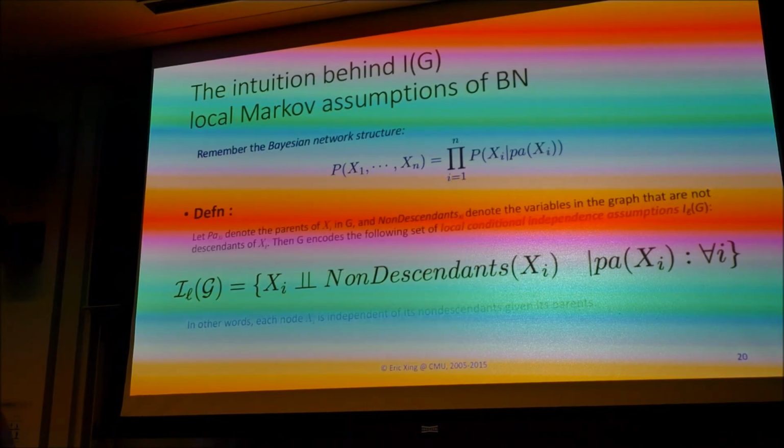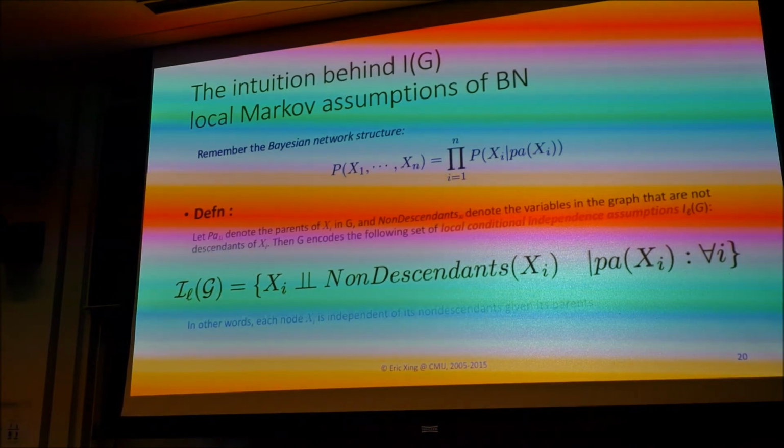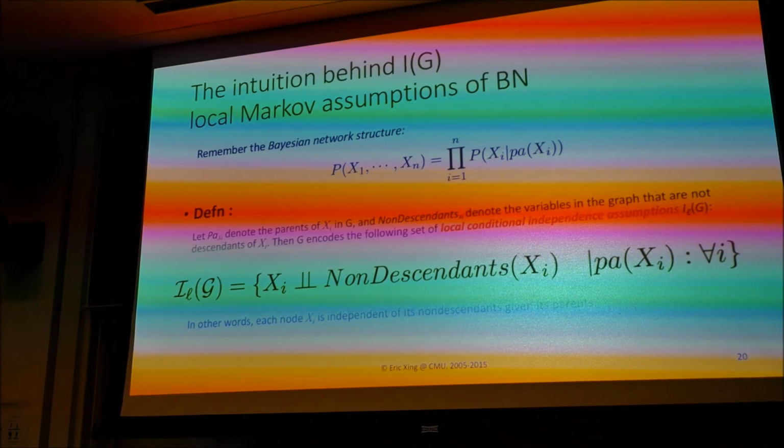Okay. So now, the intuition behind the independence set is that for a given factorization, this is hard to understand. Because this set of x and y are independent from each other, there are so many ways to set it up. So let's get something which is more intuitive.